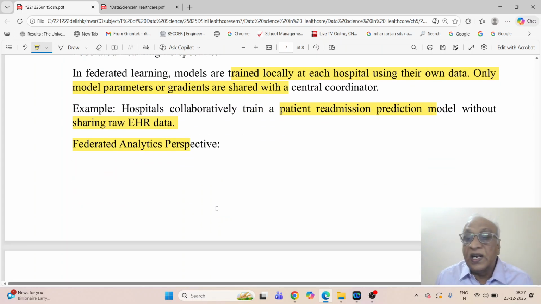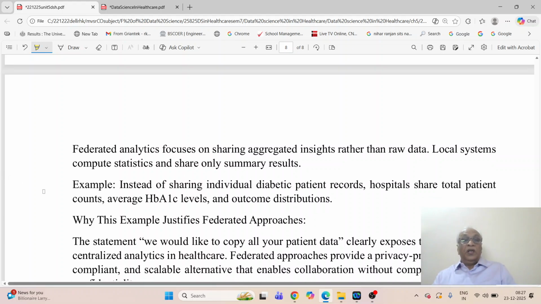Coming to the federated analytics perspective, it focuses on sharing aggregated insights rather than raw data. Local systems compute the statistics and share the summary results. For example, instead of sharing individual patient diabetic records, the hospital may share the total patient count, average HbA1c levels, and outcome distributions.